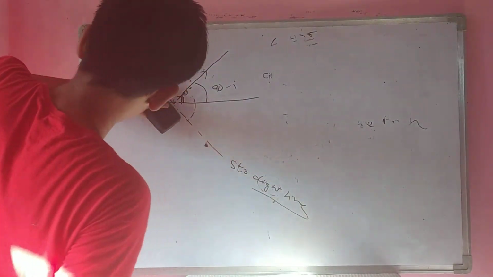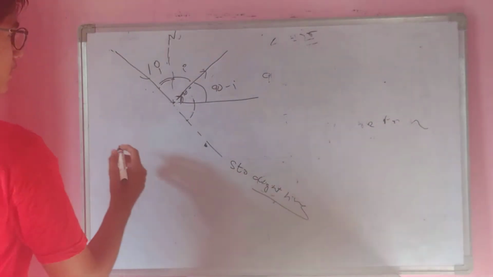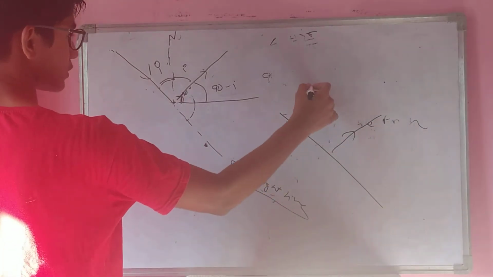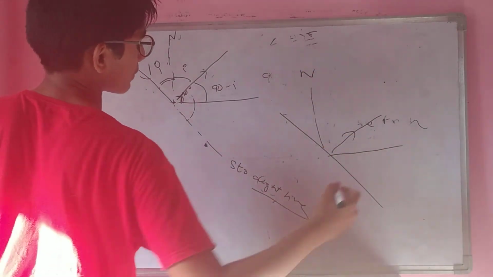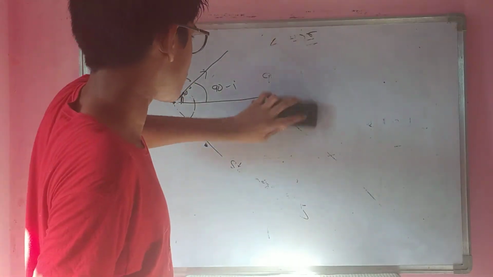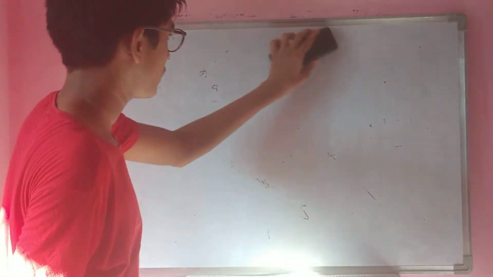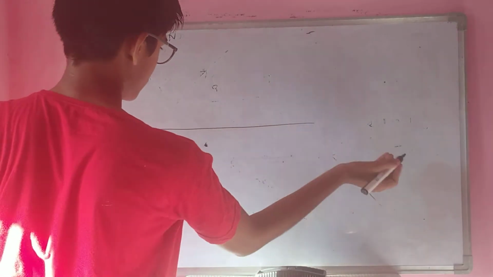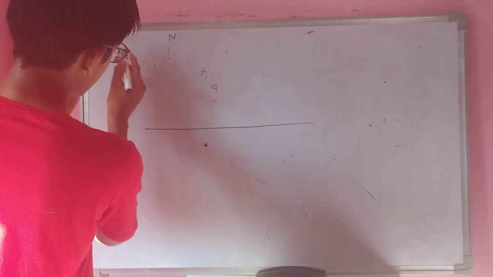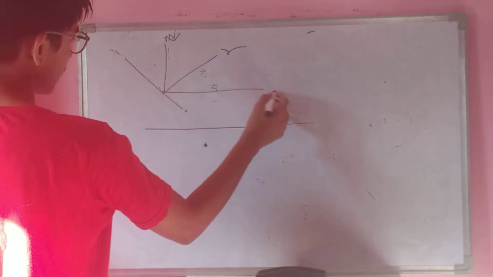Now I am considering only this, removing all of this. This is a straight line. This is the reflected ray, this is the normal, this is the plane mirror, right? Now I am tilting this to your view angle so you can understand easily. This is the normal, this is the reflected ray, and this is the plane mirror, right?